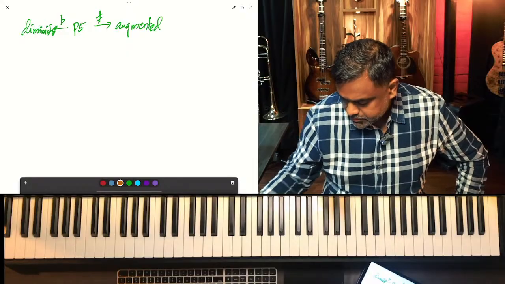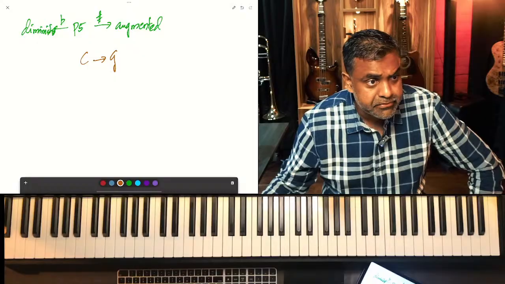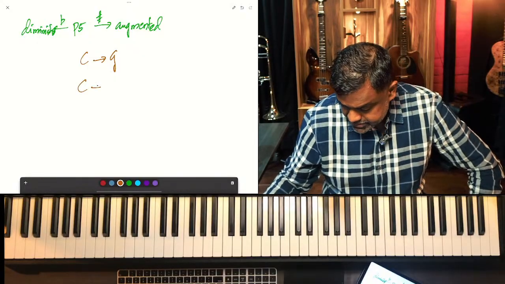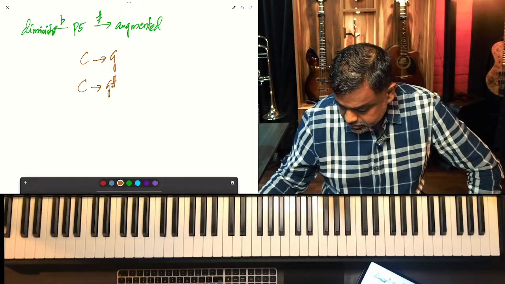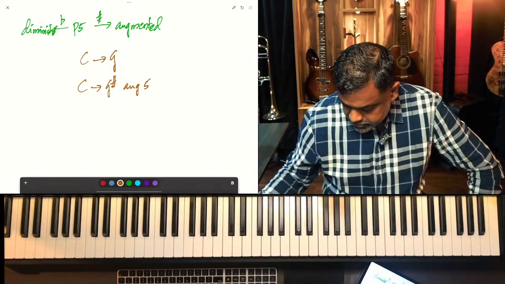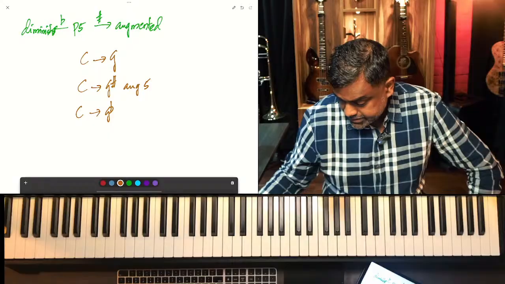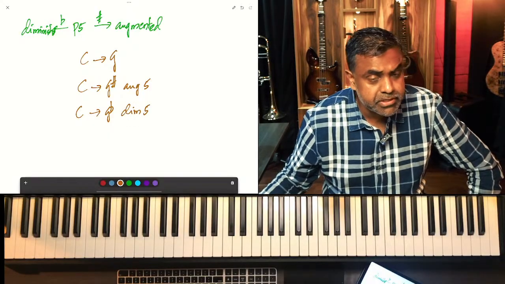So an example of this would be, if you know that C to G is a perfect fifth, then you should also probably know that if you raise the G up 1 to G sharp, you would call that an augmented fifth. And if you lower the G by 1, you could call that a diminished fifth. So you have augmented fifth and you have a diminished fifth.